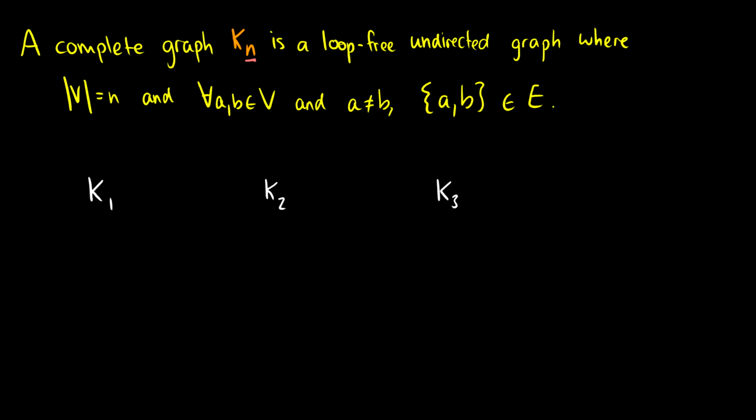So for all a, b in V with a not equal to b, the set {a, b} is in E. So for instance, K1, we have this vertex A. K2, we have two vertices here, and we need to connect them to each other. In K3, we have three vertices, and they all have to be connected to each other. So if we have 1, 2, and 3, 1 has to be directly connected to 2 and to 3, same with 3 with 1 and 3 with 2, and 2 with 1 and 3.